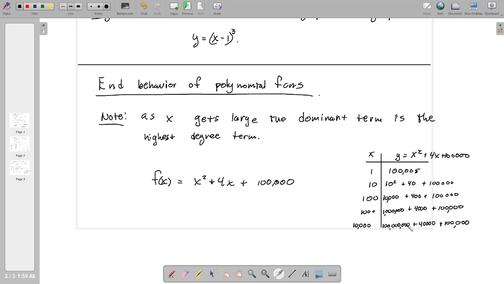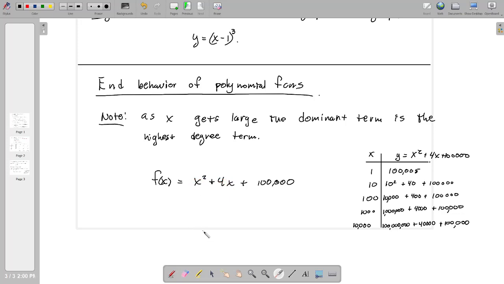So as x gets larger and larger, the dominant term turns to the highest degree term. We can see that with the x term as well. x is still insignificant compared to x squared as x gets larger. At the very beginning, when x is 1, 100,000 is dominant over both, but 4 times 1 is much bigger than 1 times 1.